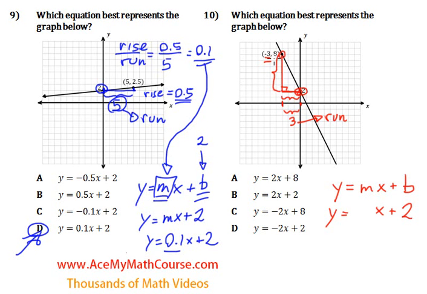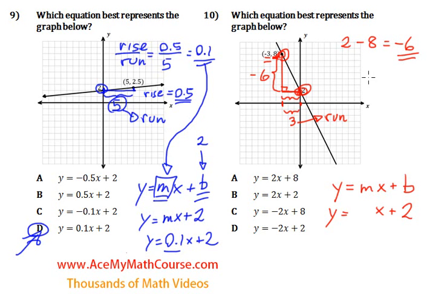Well, we're going from 8 all the way down to 2. So the rise is negative. It's -6 because the line is going down from left to right. And of course, 2 minus 8, we're of course only looking at the y values, is -6.